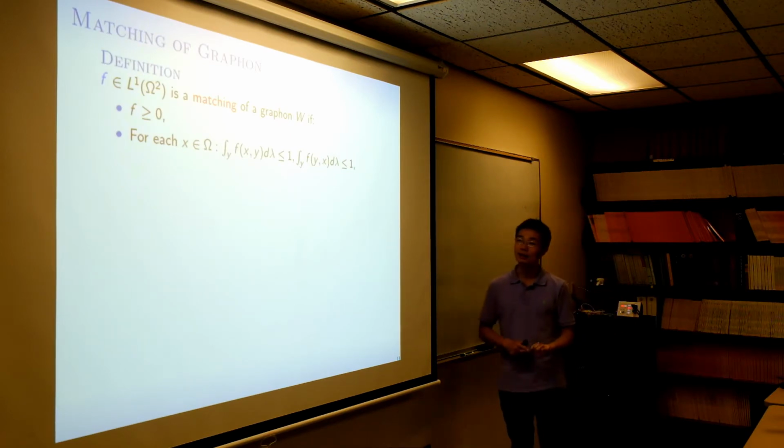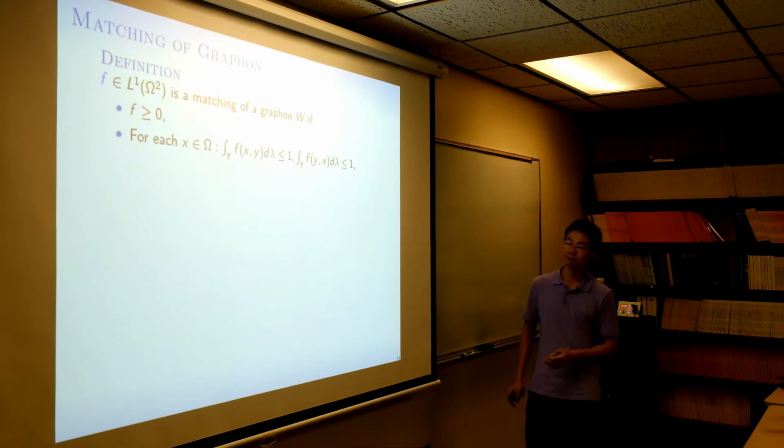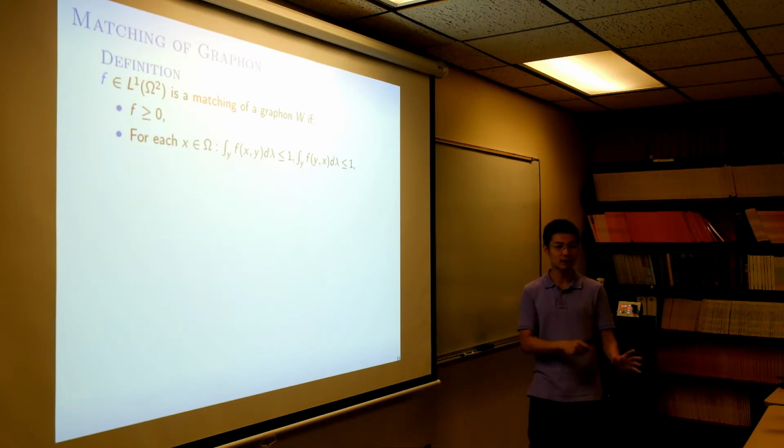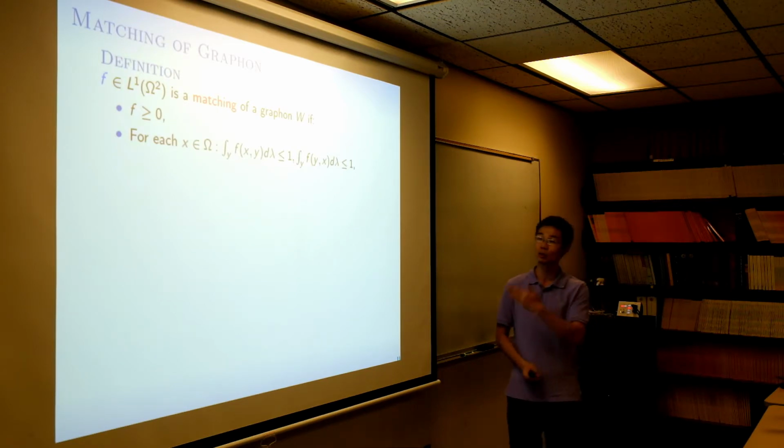First, it has to be a function greater than or equal to 0, and for each x, which corresponds to the vertex, this time you do an integral instead of a summation. Basically this definition comes from the fractional matching, because I said for a graphon there should be no difference between matching and fractional matching, and we just follow the idea of fractional matching from graphs to graphons.